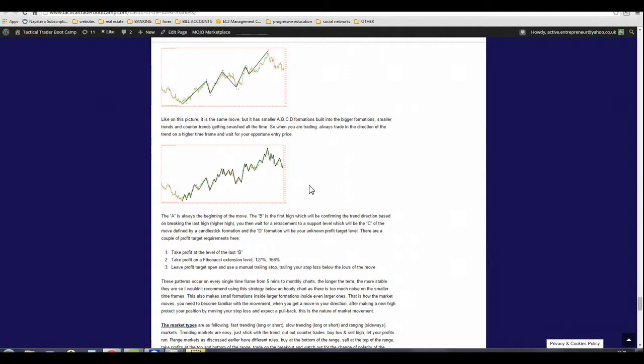There are a couple of profit target requirements here. So the D formation is always a D extension of the move. So usually the move does actually continue on past the B, but there's a lot of likely scenarios where the D formation might actually make a double top with a B and then retrace, or it might only extend 5-10 pips beyond.